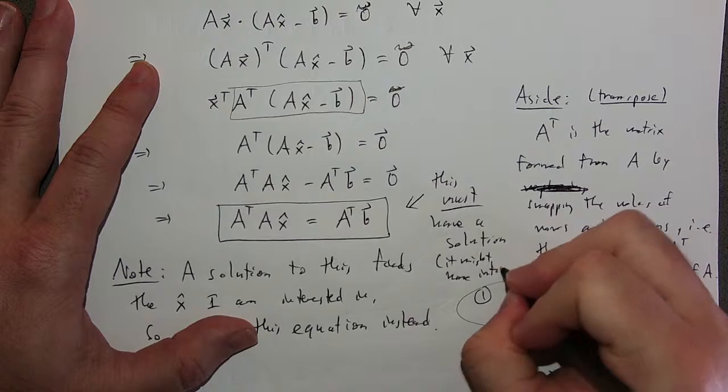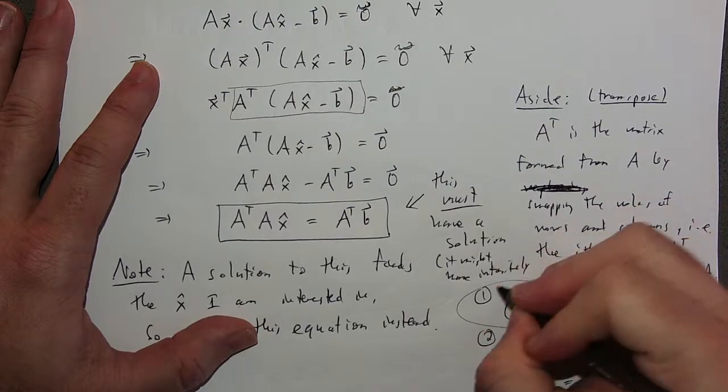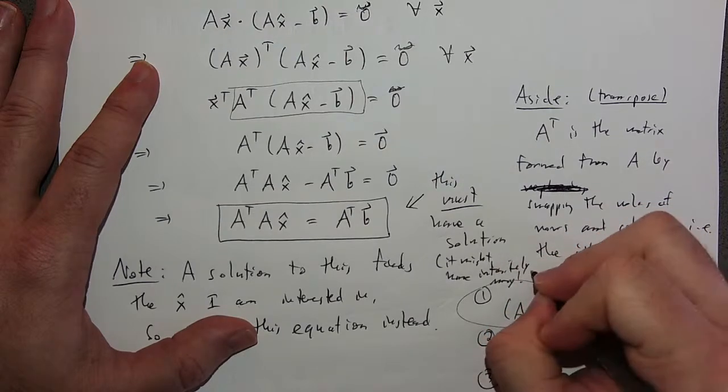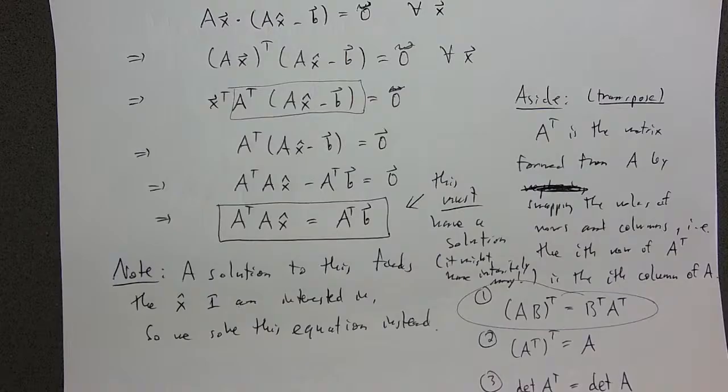It might have infinitely many, which is not really a problem for us, right? That just means we're not going to have a unique closest solution. We're going to have infinitely many. So there's going to be a bunch that are as close to being a solution as each other. So that's just a feature.